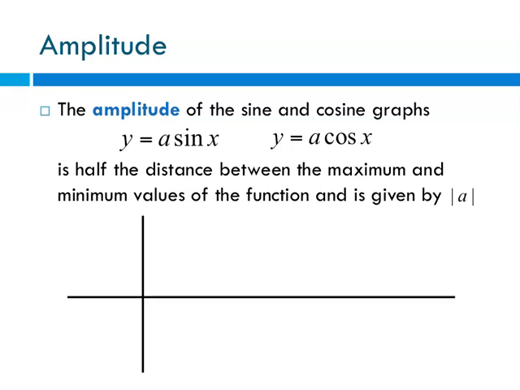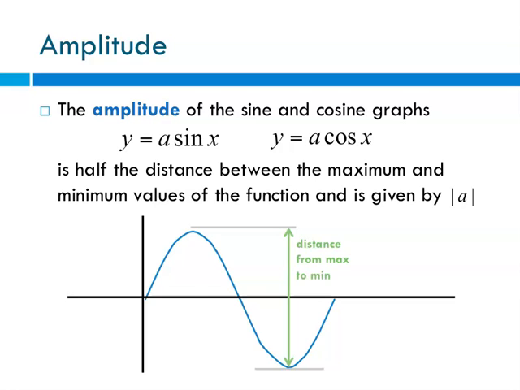So in terms of a diagram, let's say you're looking here at the sine function. We say the distance from the max to the min is from here to here, and the amplitude is half of that distance.